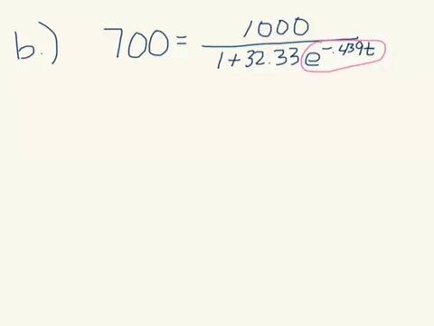The first thing we're going to do is we're going to multiply both sides of our equation by the denominator. So I'm not going to write all of that out because I don't have room, but we multiply both sides by that mess.